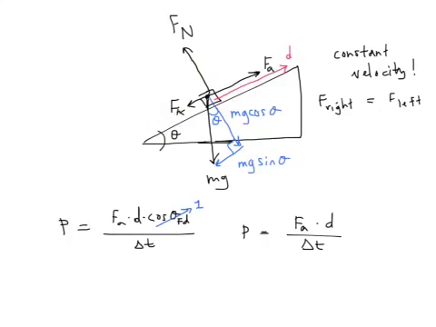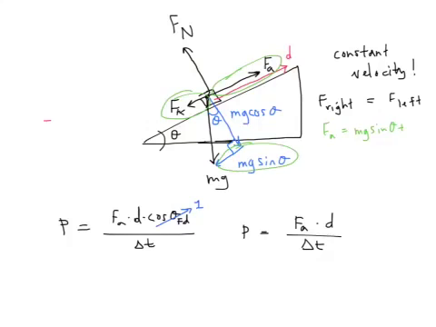So what are the forces that point right? I'm going to circle them in green. It's just the applied force, Fa. What are the forces that point left? It's the kinetic friction and mg sine theta. So mg sine theta plus kinetic friction.